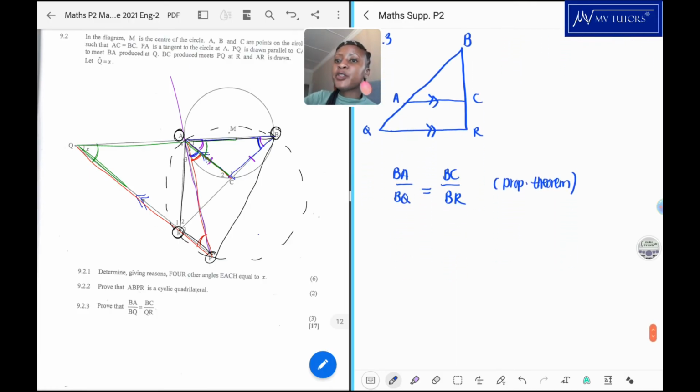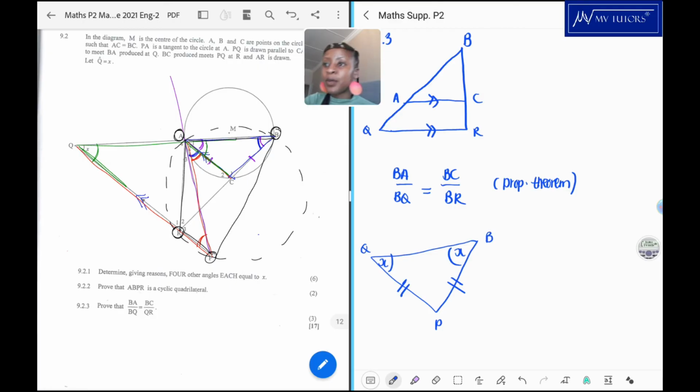Well, if you draw it out, we have Q there, and we have B, and we have P. Q was X, that was given, right? And then B, we solved it, that it was X. We proved it actually in 9.2.1, that B is actually equal to X. So if the two angles are the same, it means the two sides have the same length.